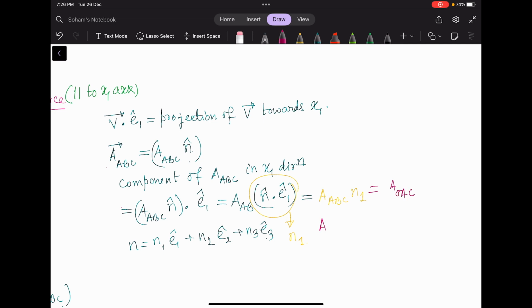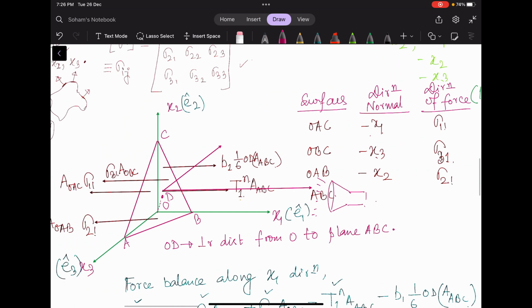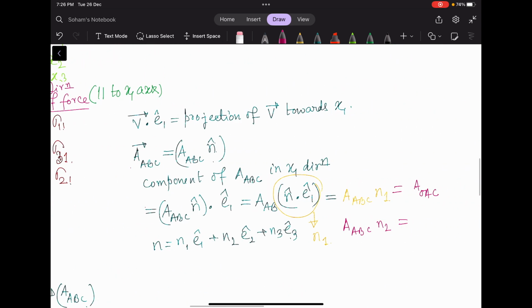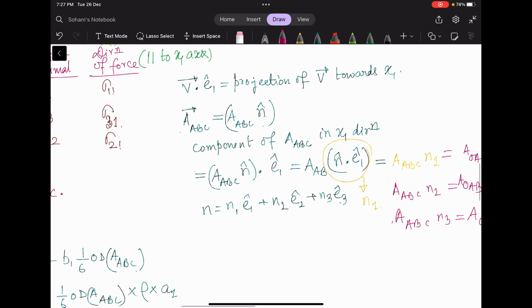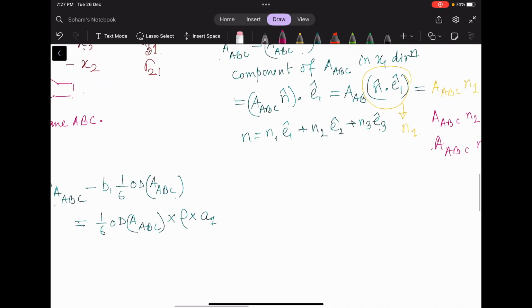Similarly, area of ABC into n2: which surface has its normal parallel to x2? That is OAB, so it will be area of OAB. Then area of ABC into n3 must be area of OBC. Now put these things into this equation.